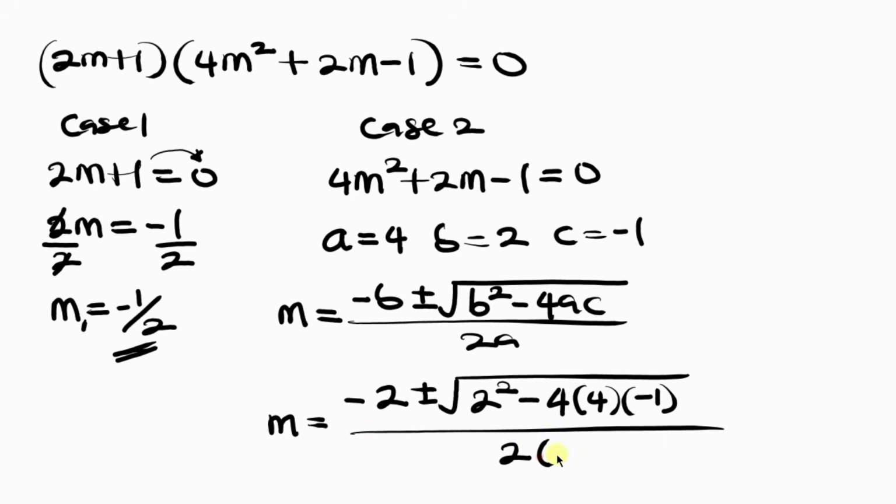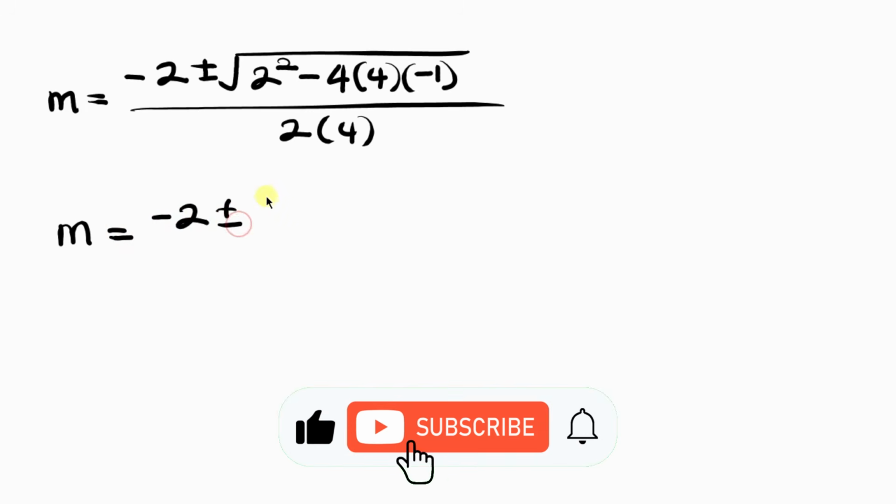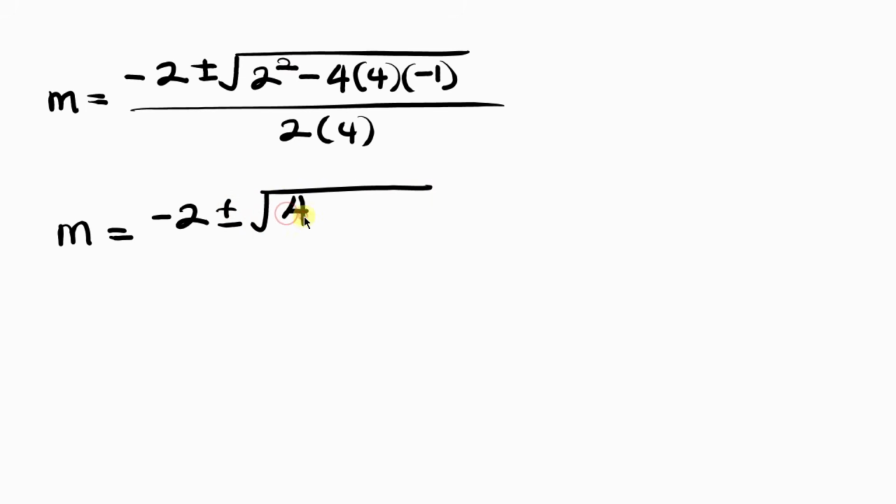Very good. So this becomes m equal to negative 2 plus or minus the square root of 2 squared, which is 4. Now negative times negative gives positive. Now 4 times 4 times 1 gives 16, all over 2 times 4 is 8.